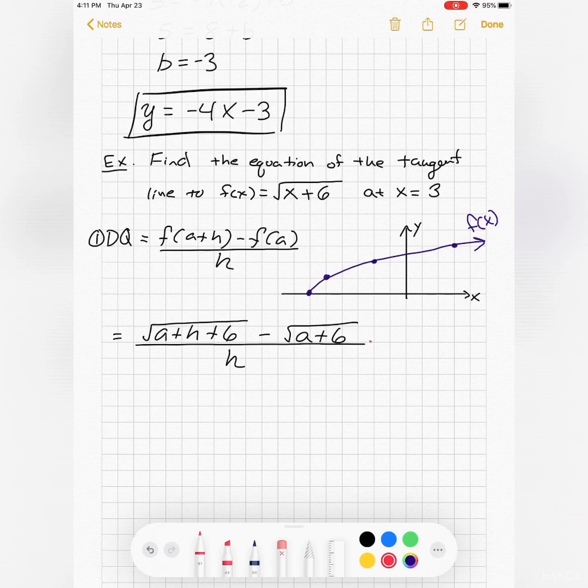So what if I try multiplying by the conjugate? I keep the same expression, but with the opposite sign in the middle. Okay, and then I do a FOIL in the numerator.